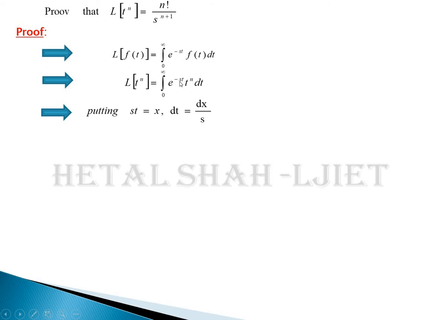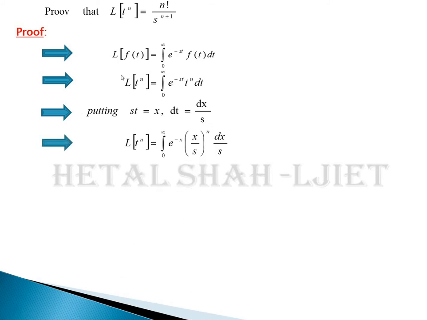For that let's put st equal to x. So the derivative of t, that is dt, and derivative of x, that is dx. So dt is equal to dx by s.